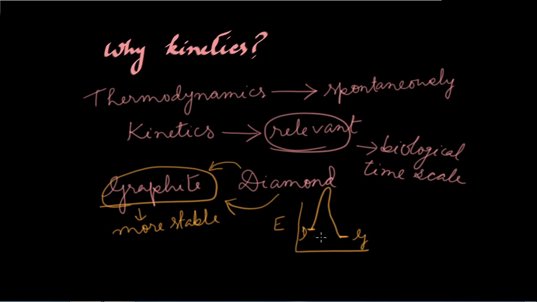Therefore, this process, although thermodynamically spontaneous, is never going to happen within a lifetime. So it is not a relevant process to us as human beings on Earth. This kind of thing is dealt with by kinetics.